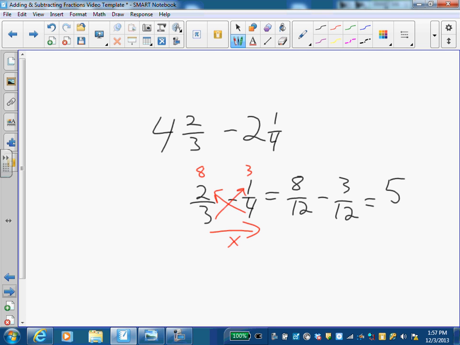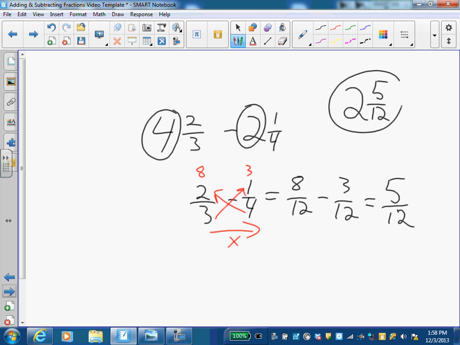That's going to give me 5 over 12. Okay? But I'm not finished yet because I didn't include the 4 minus 2. So I work that out real quick. 4 minus 2 is 2. And then I've got the 5/12. Okay?